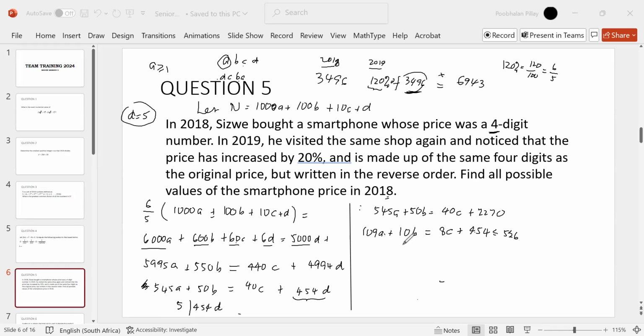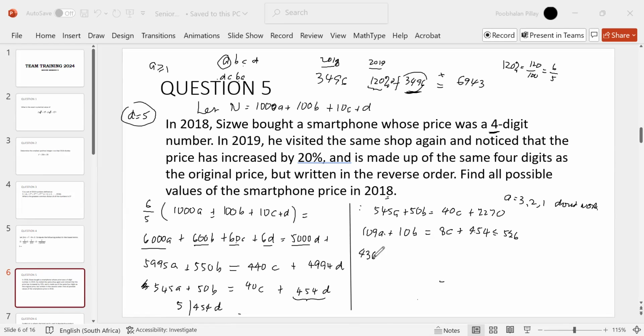Now, A equals 3 doesn't work also. I want you to check this out. A equals 3, 2, 1. They don't work. I'm not going to do it. It's quite time consuming. But A equals 4 works. So let's put A equals 4.